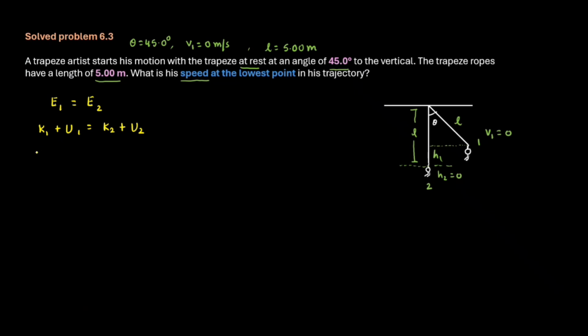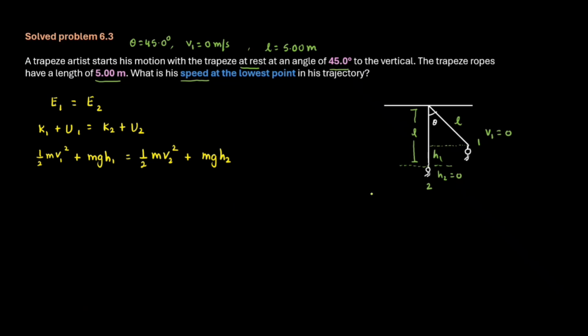Now let us write the expressions for kinetic and potential energy. Kinetic energy at point 1 is half m v1 squared, and gravitational potential energy is m g h1. Same with point 2: kinetic energy is half m v2 squared, and gravitational potential energy is m g h2.